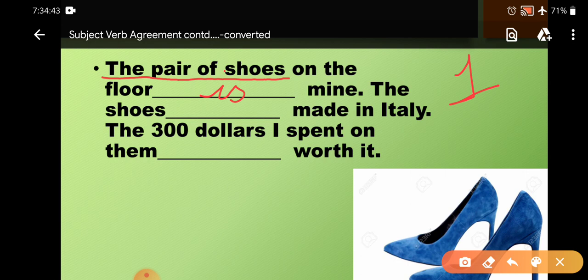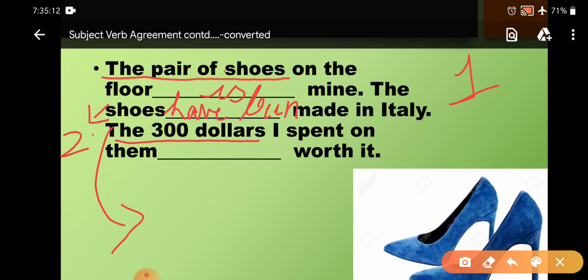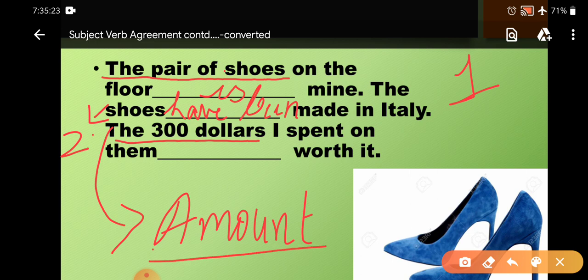The shoes. Now here the shoes. So the reference is to 2 objects, no? The shoes have been, plural, okay? The shoes have been made in Italy. The $300, again it refers to not the countable 300, which we may say is plural. Dollars is also plural, but it refers to an amount just like time and distance.